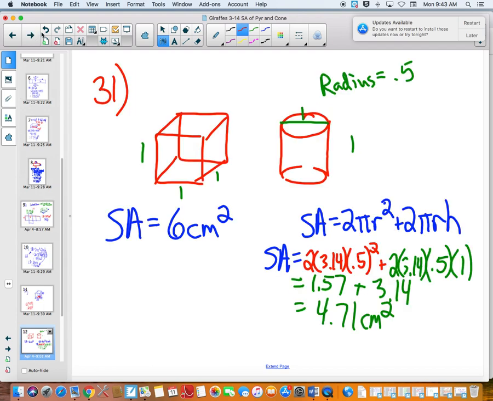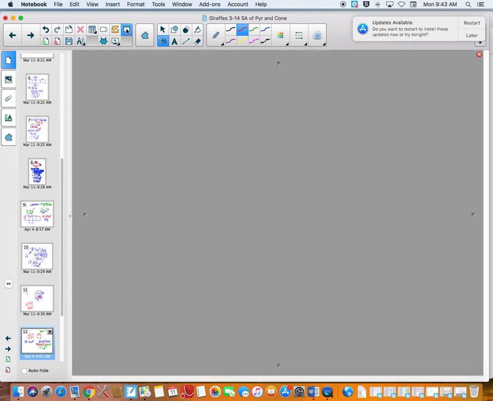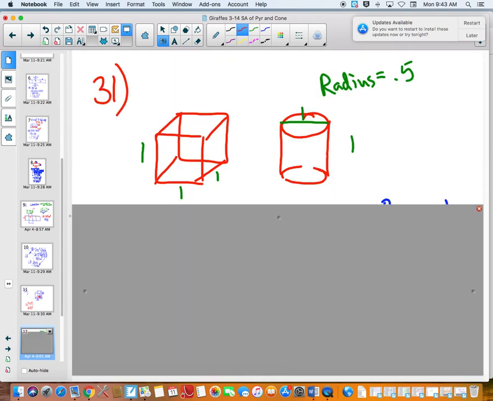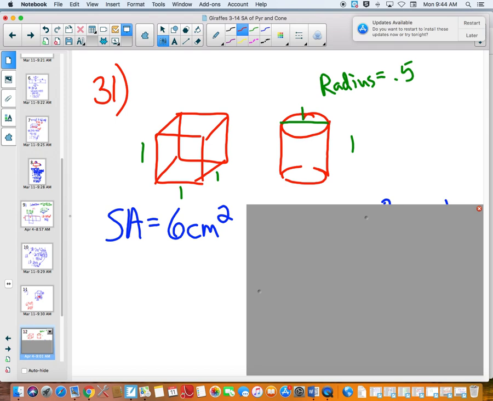And then the last one is talking about putting food into fondue. There are 2 types: a cube and a cylinder. What I did with the cube was, each of these individual cubes has a surface area of 1 per face, and there are 6 faces.